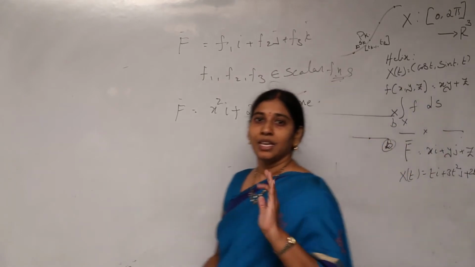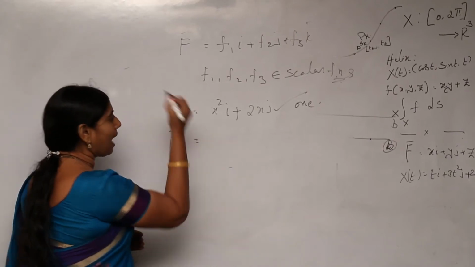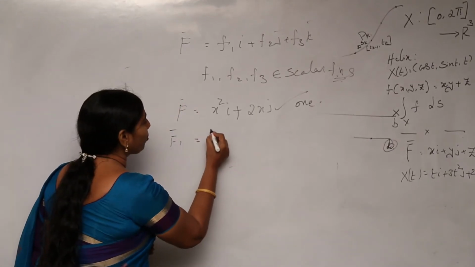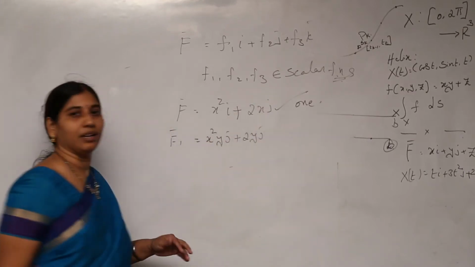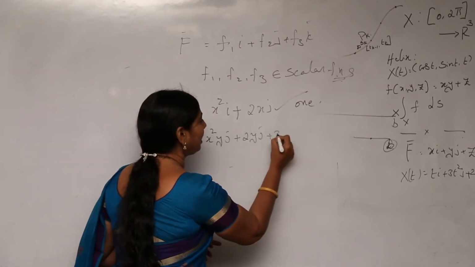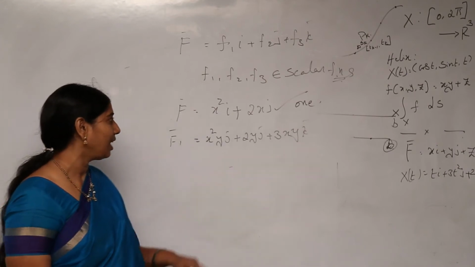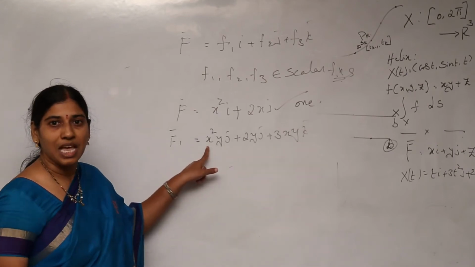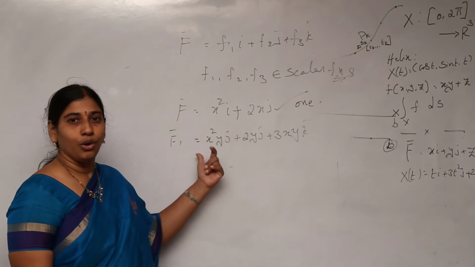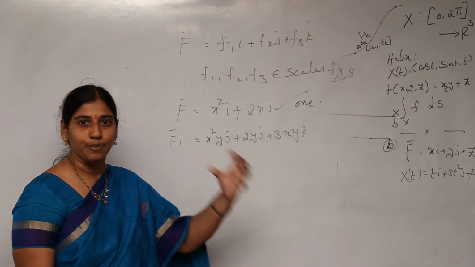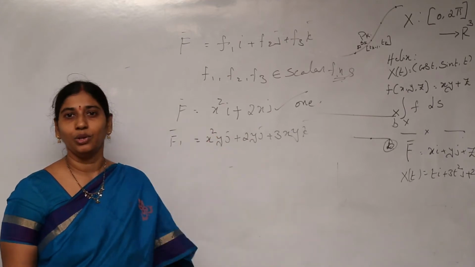Say suppose I write the function F1 = x²y i + 2y j + 3xy k. Then what do you see? Observe here, there are two variables. Here x, y are real values, and along with this we are assigning a specific direction to the magnitude. Thus the function becomes a vector valued function.